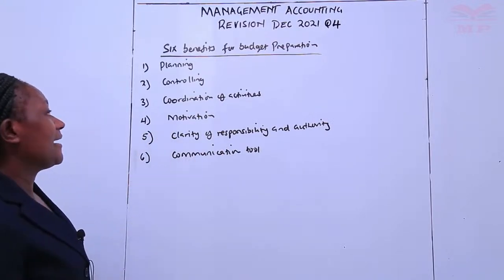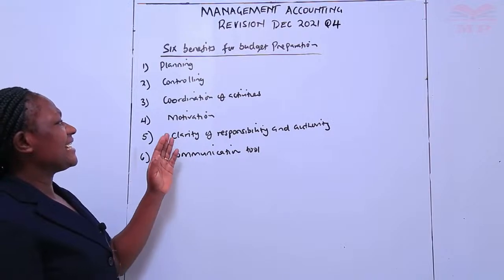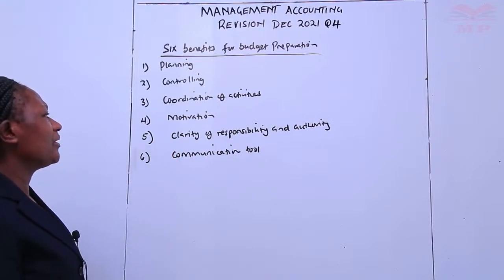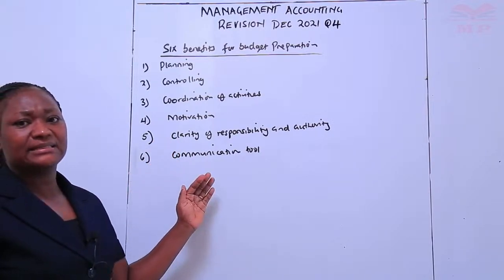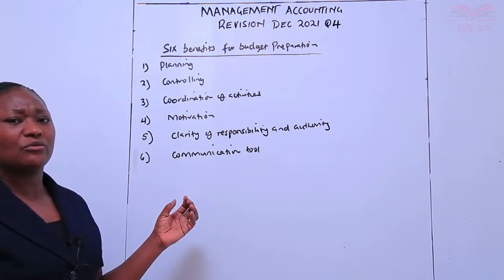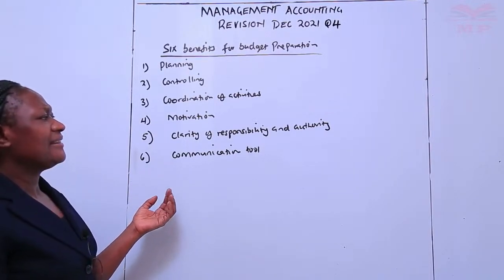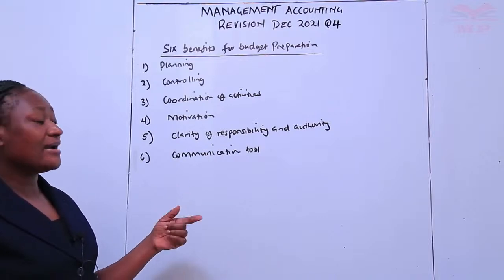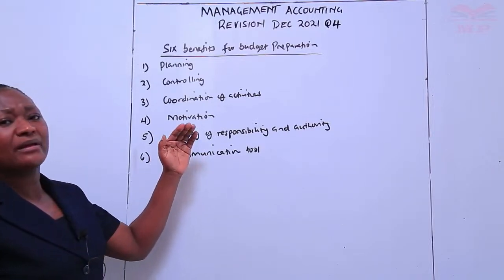Motivation, how can budgeting result in motivation of employees? When a budget is formulated, there are some targets that are normally set. When those targets are tight, they motivate the managers to work towards achieving them.